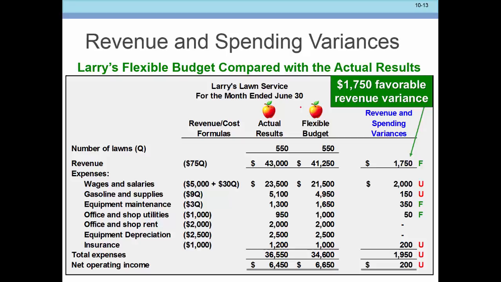Notice that the gasoline and supplies is unfavorable, and we know that it's unfavorable because we should have been spending $49.50 per lawn, and we were spending $5,100, weren't we? At that level of activity. So we know there's something going on there that is falling outside of our expectations for that level of activity, and we start to get behind it because it's showing unfavorable.